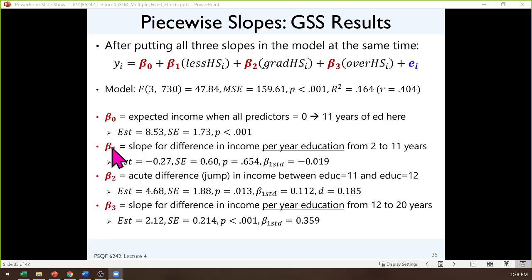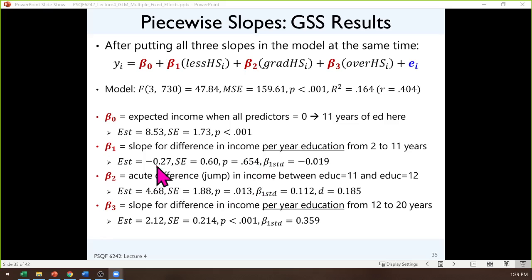Beta 1 is a slope for what is the effect of education among those with 11 years of education or less. So moving from 2 years of education up to 11, what happens? The slope is actually negative. The slope is minus 0.3. It's non-significant.